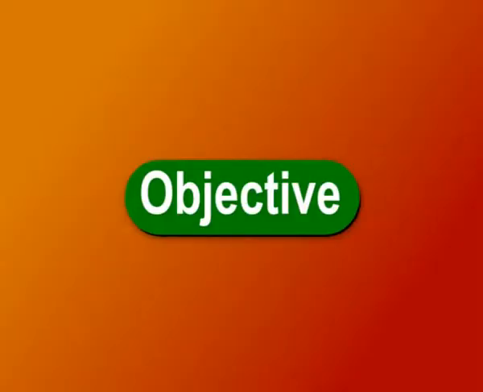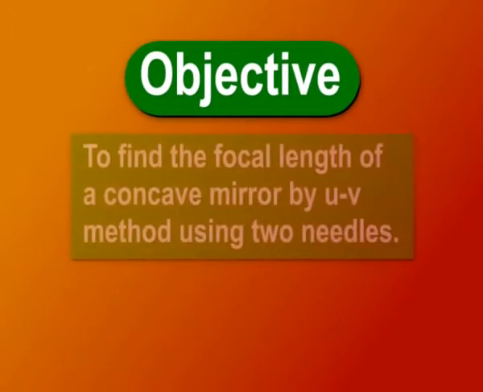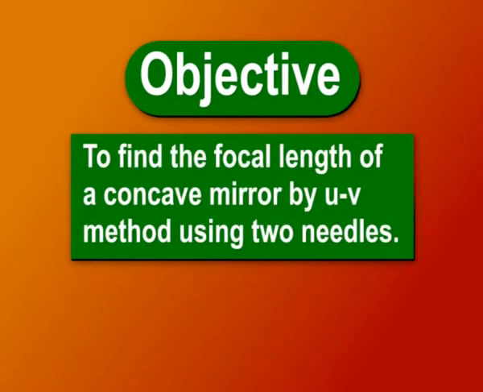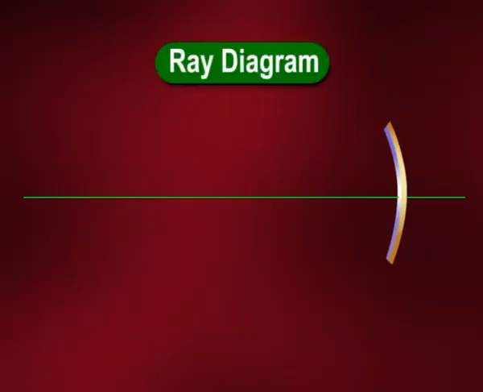The objective of the experiment is to find the focal length of a concave mirror by UV method using 2 needles. Let us recall a concave mirror and understand the ray diagram that is to play its role in the desired situation.